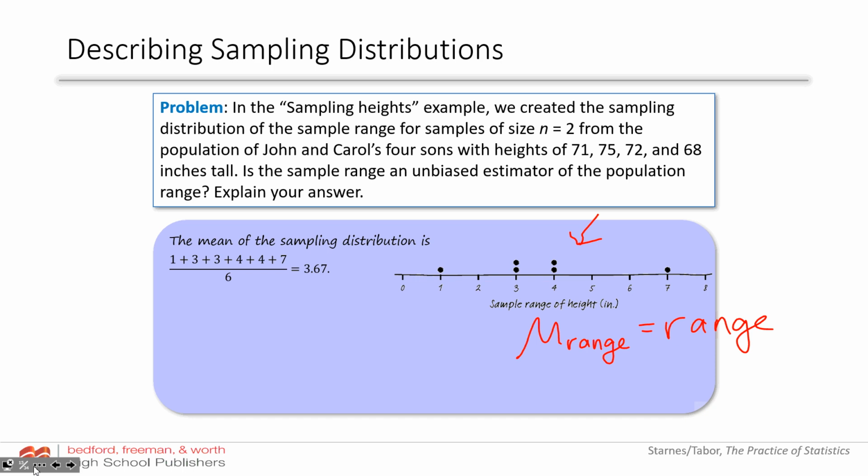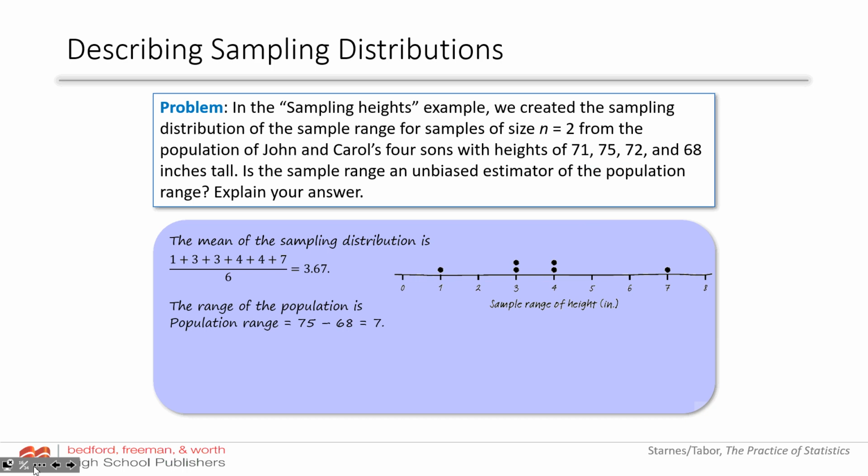So the ranges that I got from my sampling distribution were 1, 3, 3, 4, 4, and 7. If I find the mean of all those, I add them up and divide by 6, I get 3.67, right? Is that equal to the range? Take a look. Go back to your original data. Here are your heights. The actual range was 75 minus 68, which is 7.